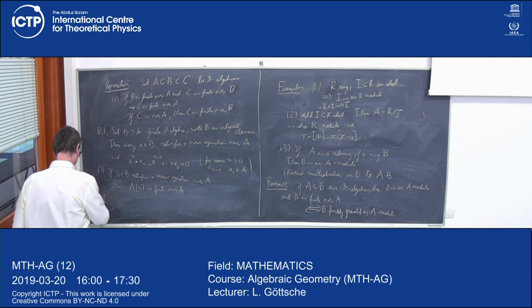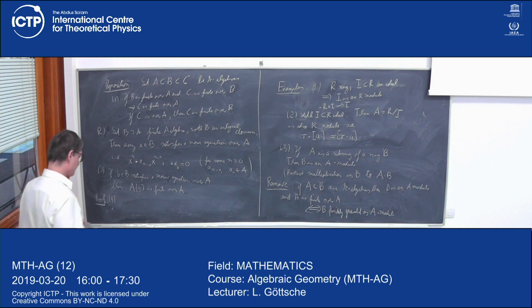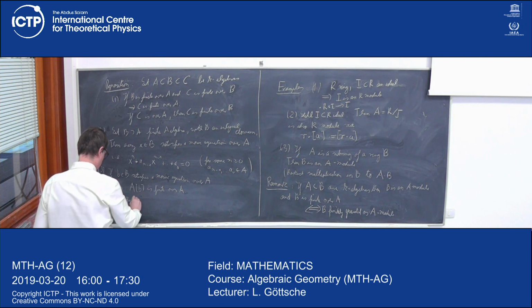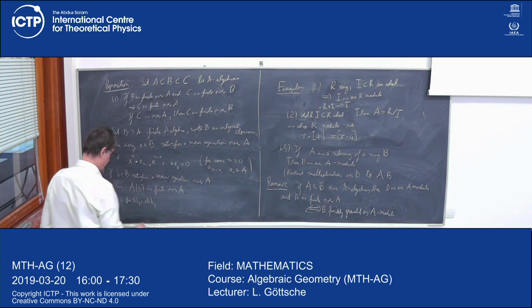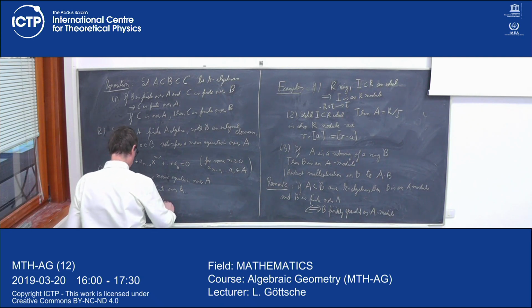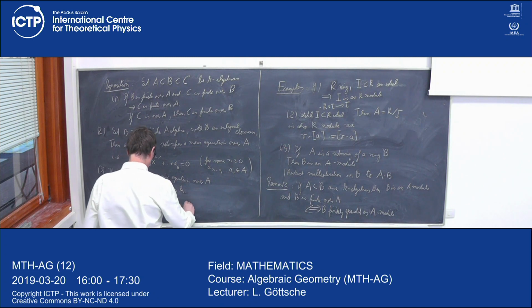So, proof. So we assume, so first here this thing, so if B is equal to A b1 plus ... plus A bm, say, with bi in B, and C is equal to B c1 plus ... plus B cn.